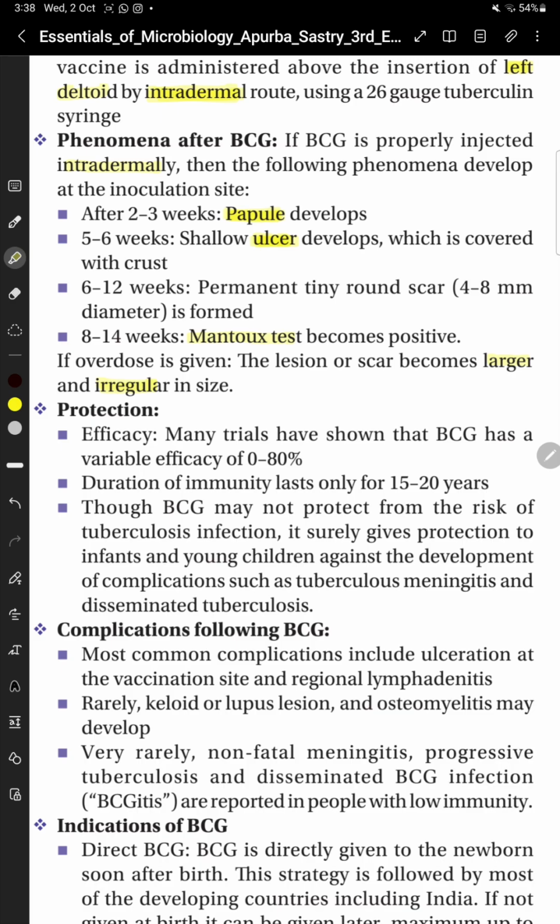At 6 to 12 weeks a permanent tiny round scar, which is 4 to 8 millimeter in diameter, is formed, and within 8 to 14 weeks Mantoux test is positive. And if overdose is given, the lesion becomes large and irregular.